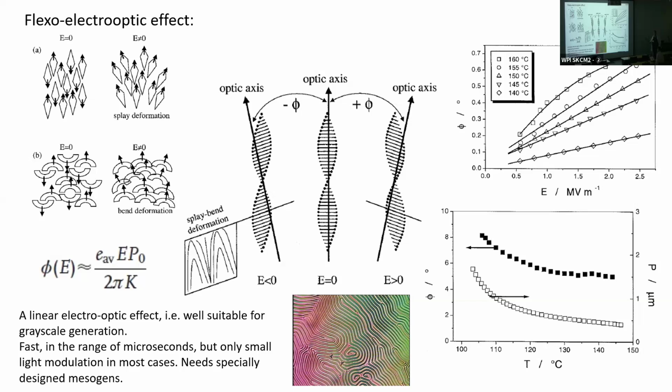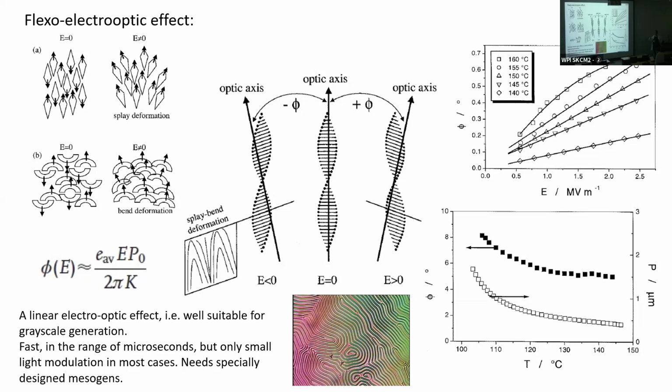But it's a birefringent plate of a liquid crystal, and you can apply an electric field, and you can turn your optic axis either the positive way or the negative way, depending on the polarity of the field. And the angle is proportional to E, the electric field that you apply. So you have a linear effect, at least to some degree.